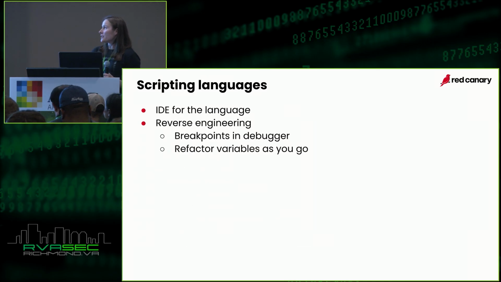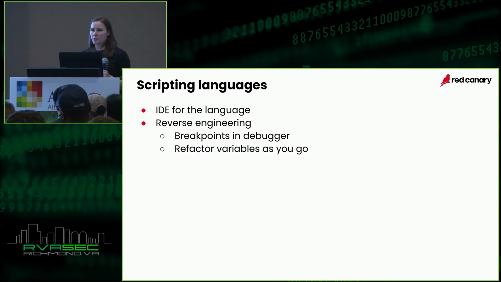And so not quite a resource or tool, but in terms of scripting languages, something that can be useful is the IDE for the language, or VS Code with a syntax highlighting plugin. And this can be a good way to start building your own reverse engineering methodology. So without having to know assembly or computer architecture, you can maybe take a JavaScript file that's obfuscated, and you can start building that muscle memory of, well, this is the thing I want to know.